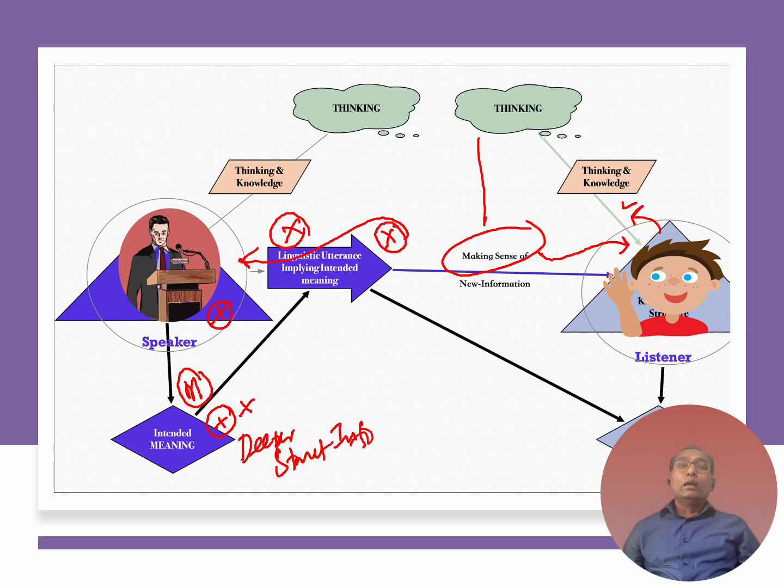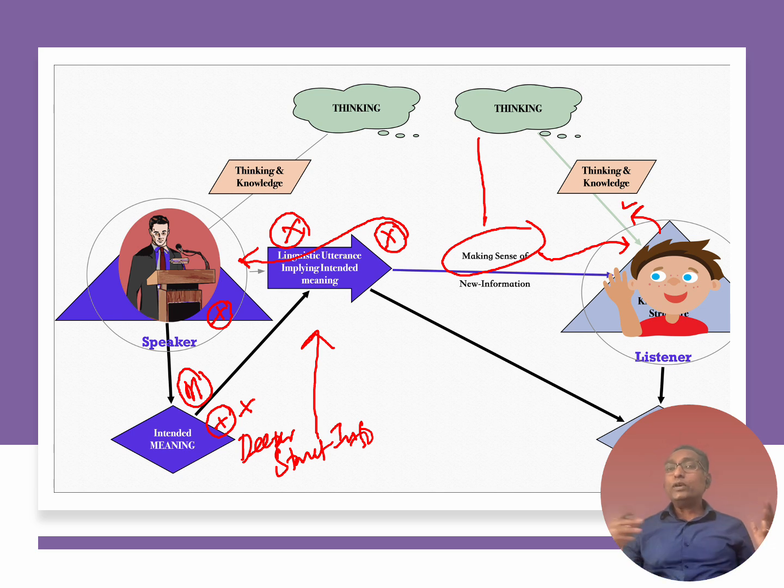And this deeper structure, which is the intended meaning, can be presented in many multiple ways, right? So same idea can be presented in multiple ways. That's the idea here, right? But the underlying meaning of it is what the original intention of the speaker is, and that is called the deeper structure. That's the deep structure of the information that the speaker is trying to convey.